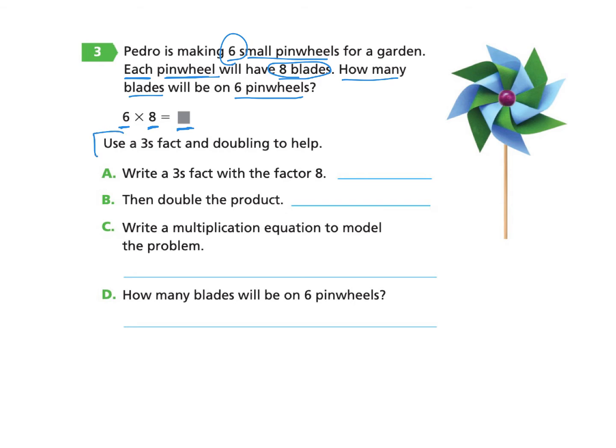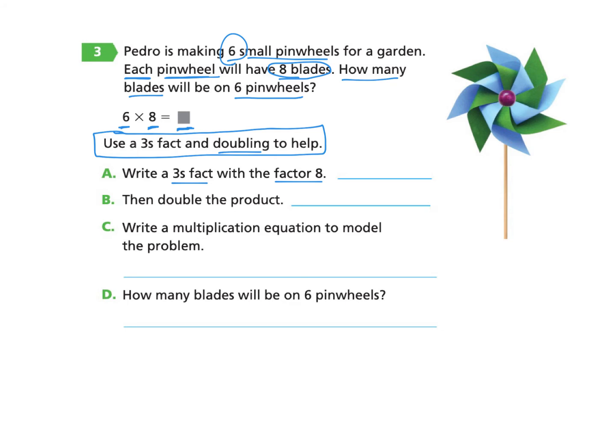Then they would like us now to use a 3's fact and doubling to help, and we talked about doubling in another lesson. And that's just where you have the same number twice and you're adding that. So if you'd like to pause now and come back, you may do so, or you may follow along as well. Part A, write a 3's fact with the factor of 8.